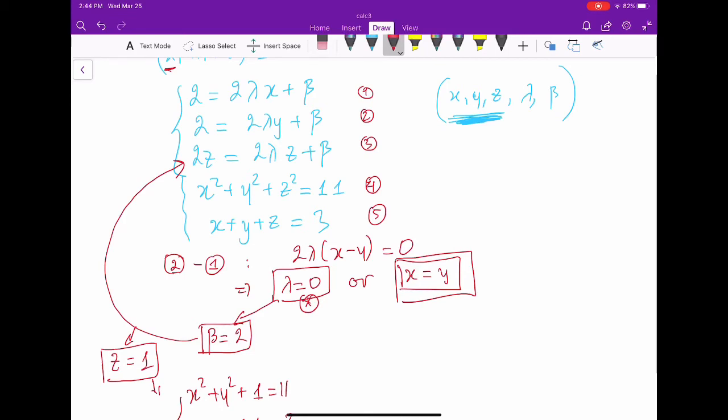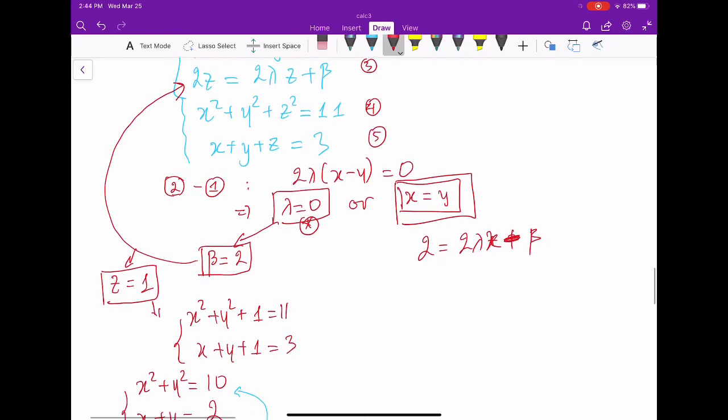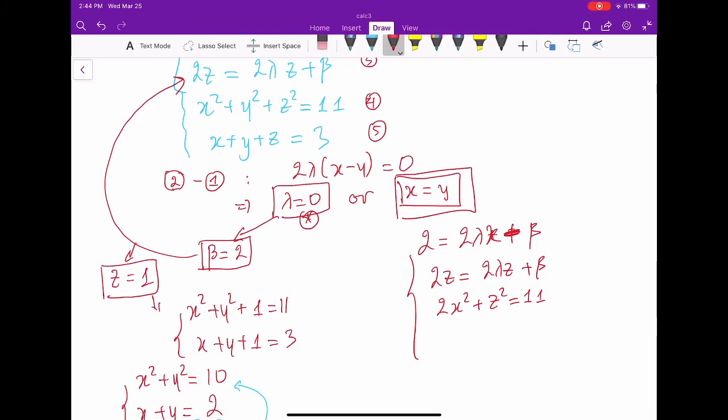So I have the following system: 2 equal to 2 lambda x plus beta, and then 2z equal to 2 lambda z plus beta, 2x squared plus z squared equal to 11, and then 2x plus z equal to 3, because x equal to y already.